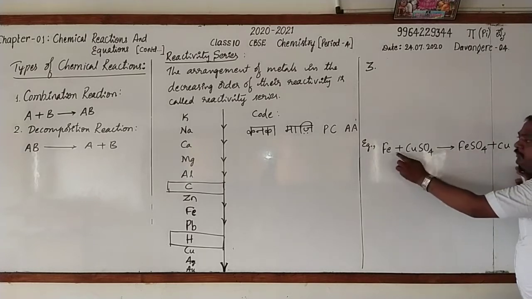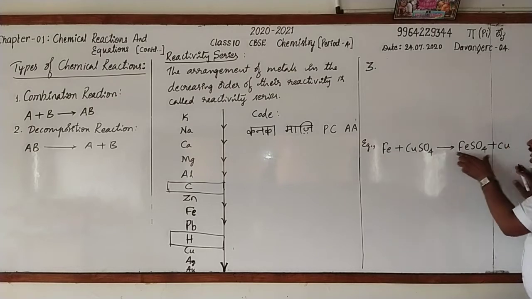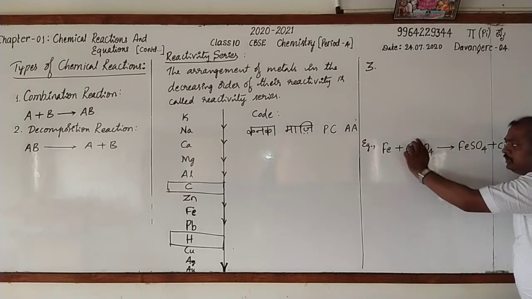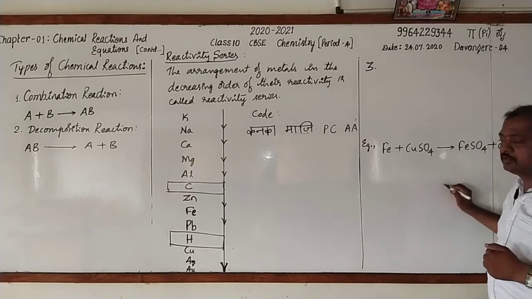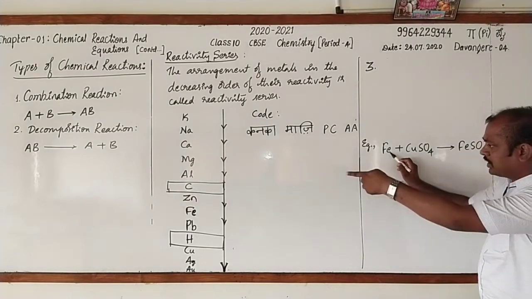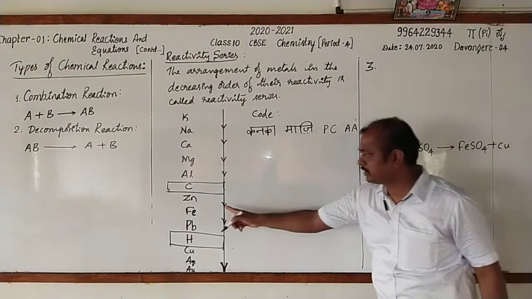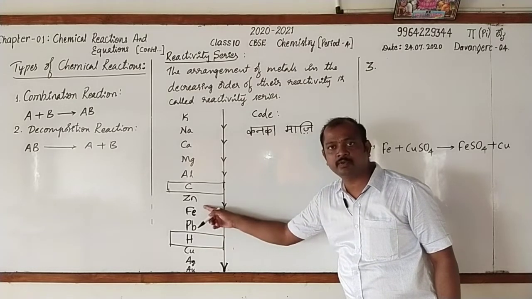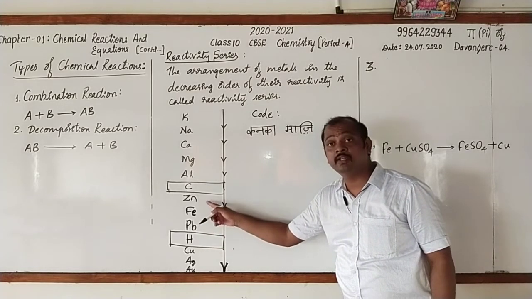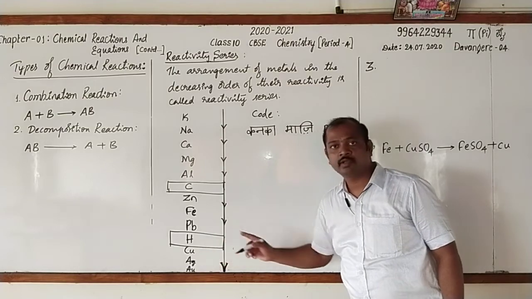Why has it happened so? When you observe the reactants and products, you can see that in place of Cu, Fe has come. What is the reason for that? You just observe iron and copper in this. Iron is here and copper is here. Could you tell which is more reactive? You are right. Iron is more reactive than copper.